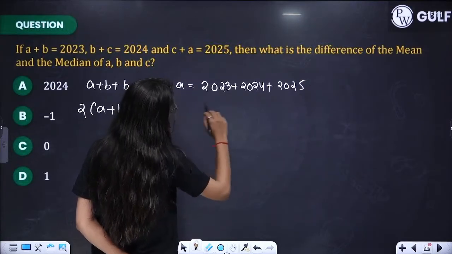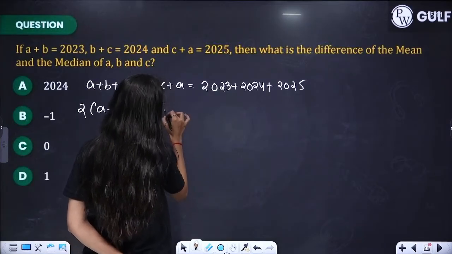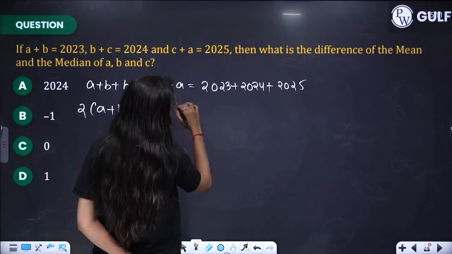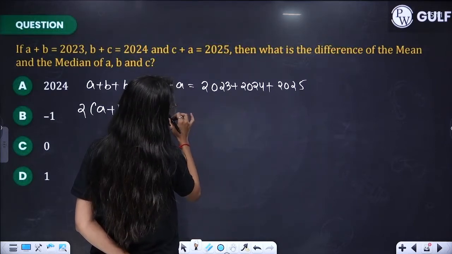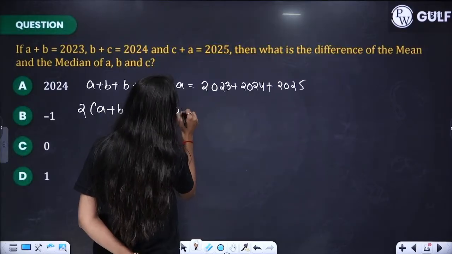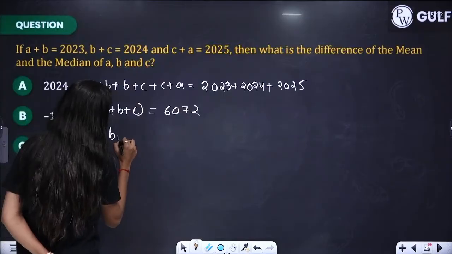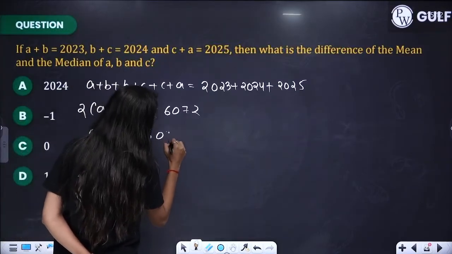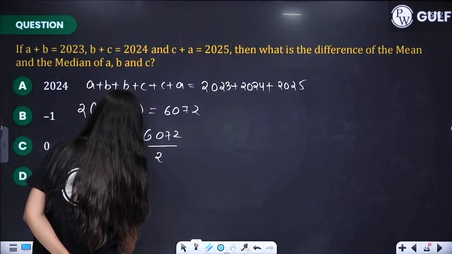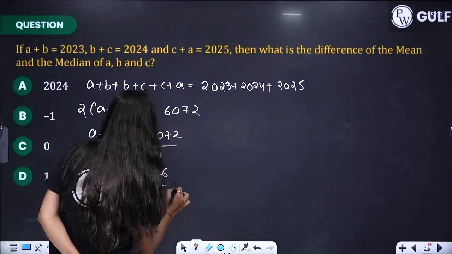Okay, what I'm obtaining over here is 2 multiplied by A plus B plus C is equal to, see, you have to add each and every number over here. So A plus B plus C is equal to 3036.